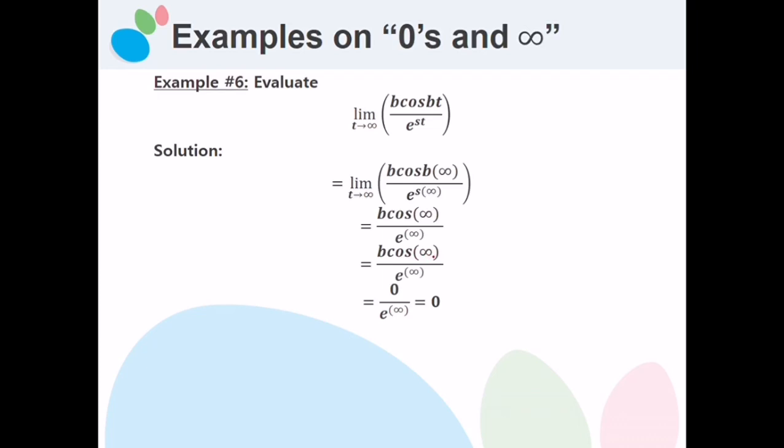Now for the cosine of a very large angle, let's try some values. Cosine of 1 is already about 0.999. How about cosine of 5?